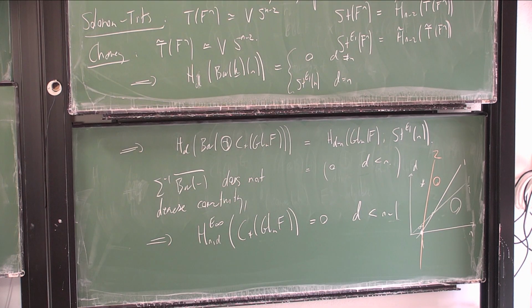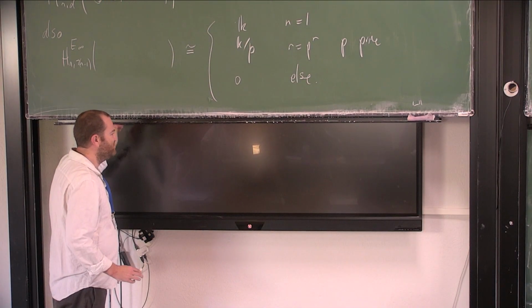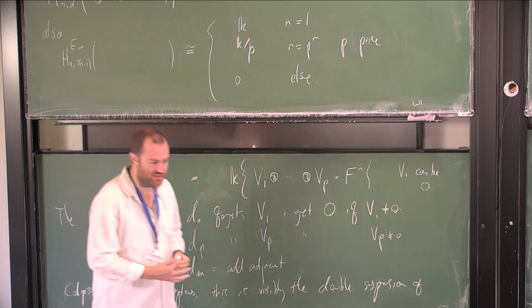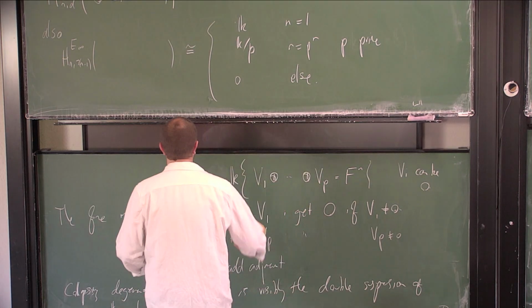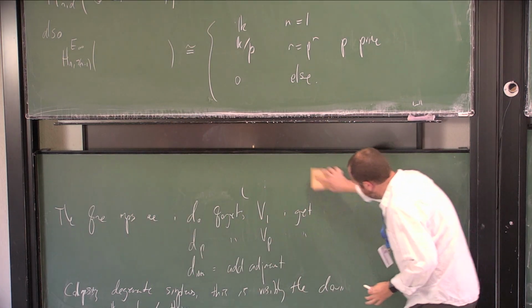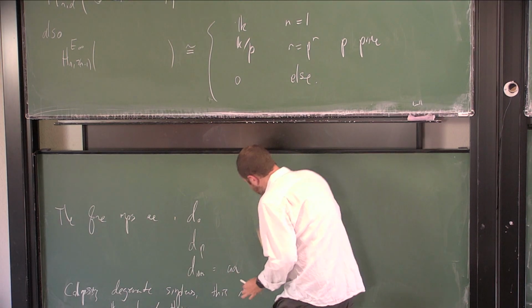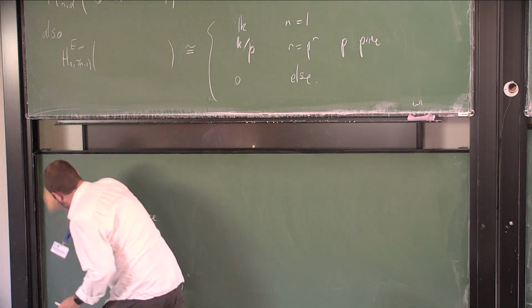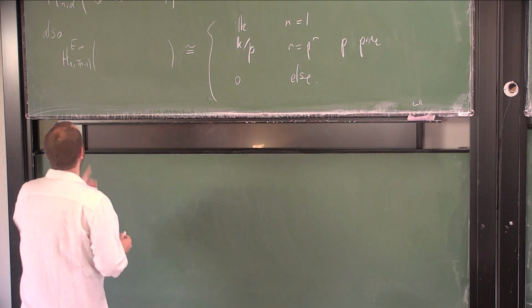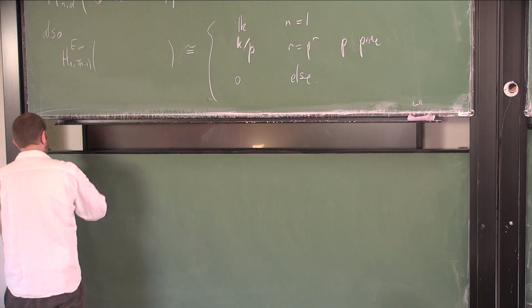Let me point out one final thing, which is not actually written anywhere, but I think it's interesting to this audience. And I can explain to you, if you ask me, how it goes. So this is a corollary of that theorem.